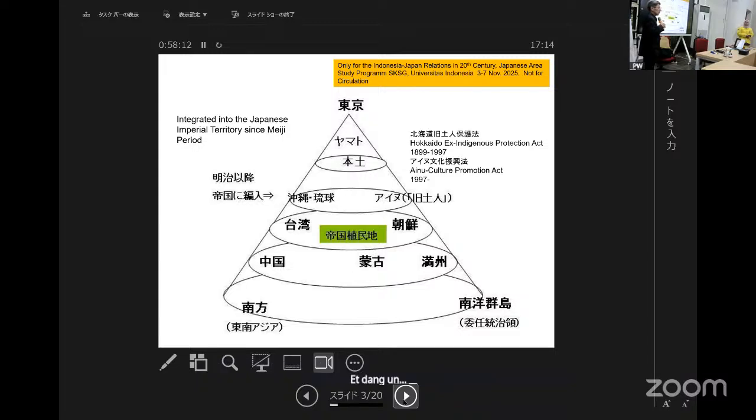Saya kira Anda sudah membaca cerpen Akutagawa Momotaro. It also reflected that Momotaro is not a good figure. It's a bad guy.